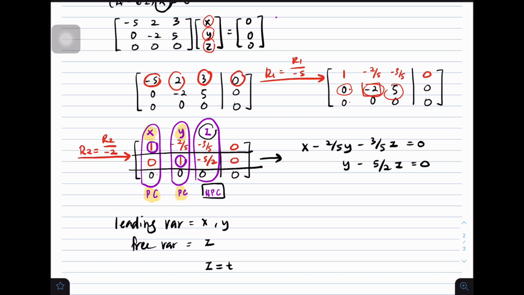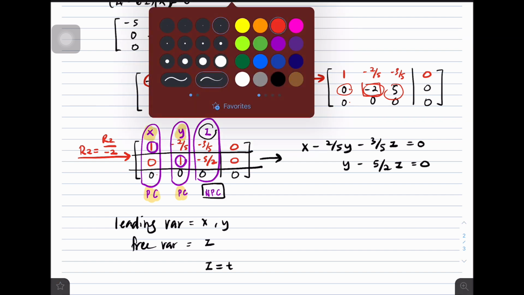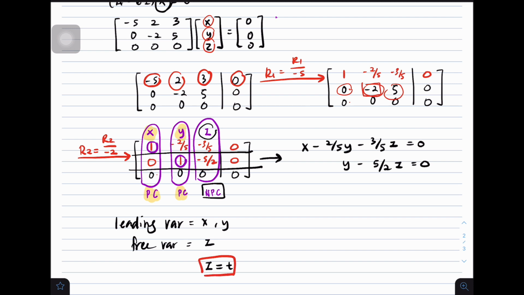And just now, we already let our Z equal to T. Therefore, you need to substitute your Z here equal to T. So what you have here is Y minus 5 over 2 T equal to 0. So your Y is equal to 5 over 2 T.